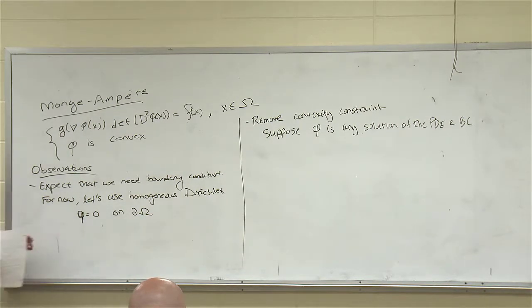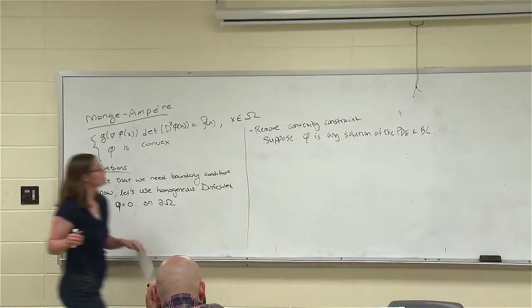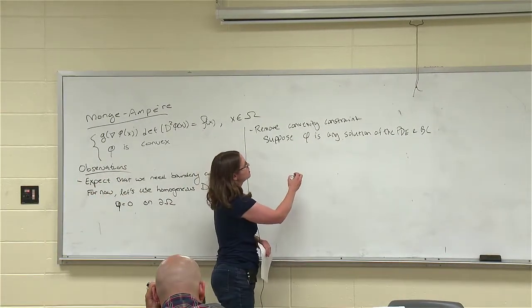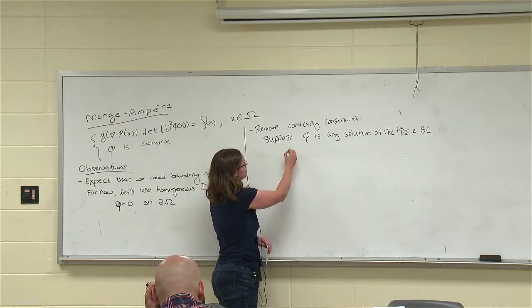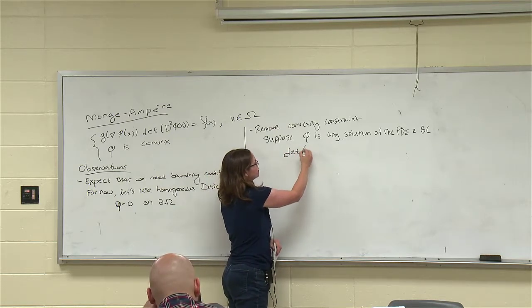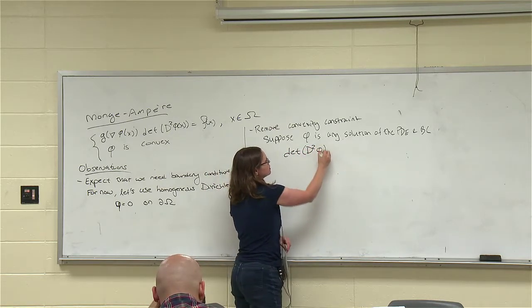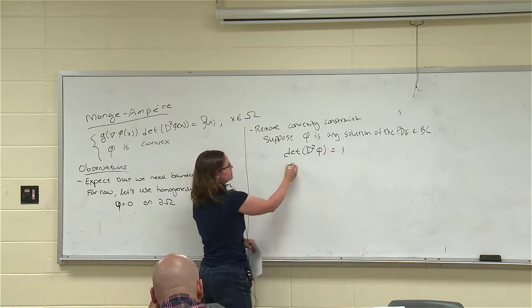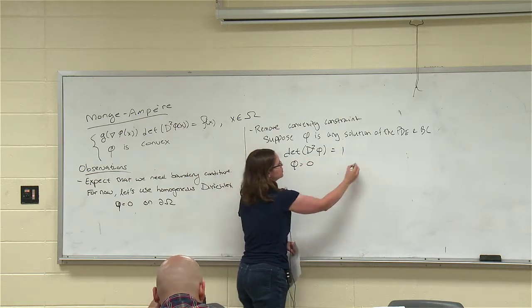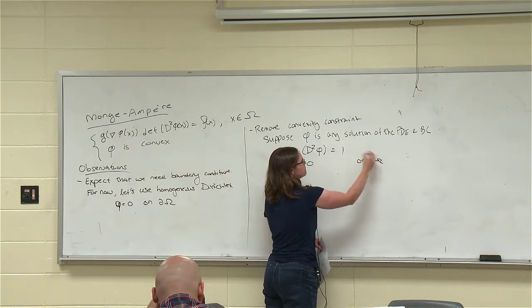Well then right away I can say, let's do a simple case of the PDE and boundary conditions, where the right-hand side is just equal to 1 and phi is equal to 0 on the boundary.